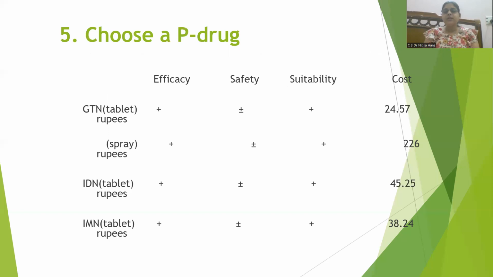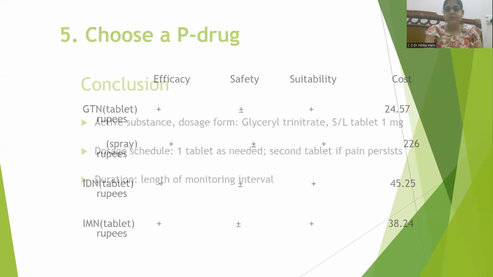Glyceryl trinitrate costs 25 rupees, and sublingual tablets are available, so it is more suitable. The spray is costly, so it is less suitable. Glyceryl trinitrate sublingual tablet is available and can be given as the P-drug. 25 rupees is the least cost.